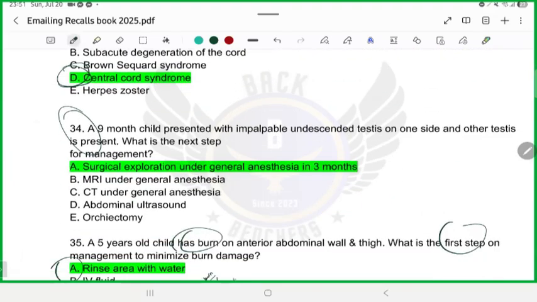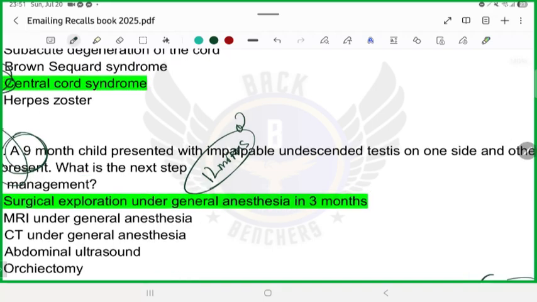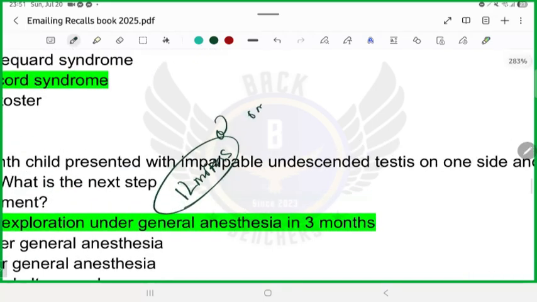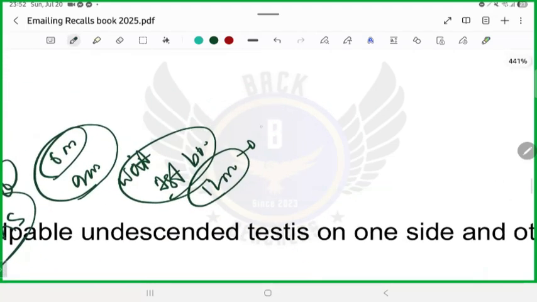9-month-old child with impalpable testes. Guys, 9-month-old child. Testes should descend by 12 months. If it did not descend at birth, by 12 months it should be descended. But if a person is 6 months or 9 months, you wait up to first birthday. That means up to 12 months. And at 12 months you check the baby, and if the testis is descended, okay. If not, then visualize under general anesthesia.